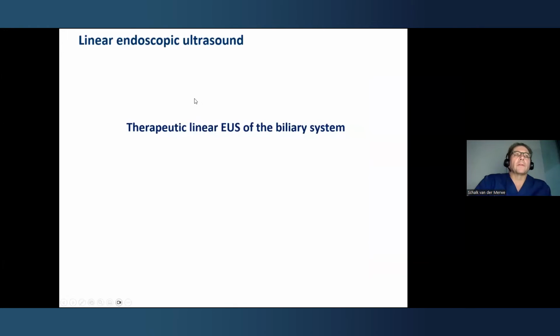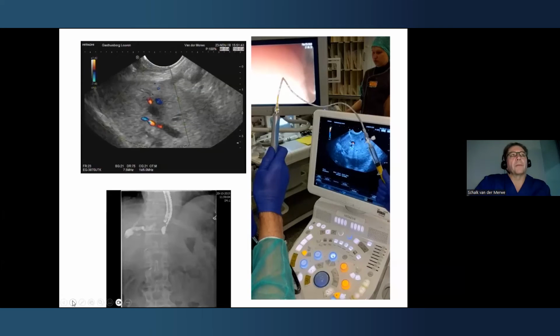So what about the use of therapeutic linear EUS in the management of the biliary system, or biliary pathology? I think in this case, it is important to recognize that, as I said, the intention is different. Here, we want to localize dilated ducts with the intention of inserting a needle into the duct and then performing therapy.